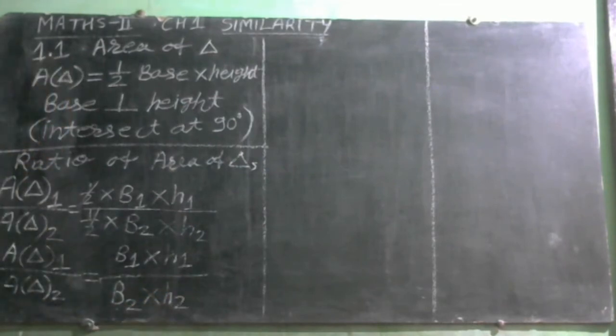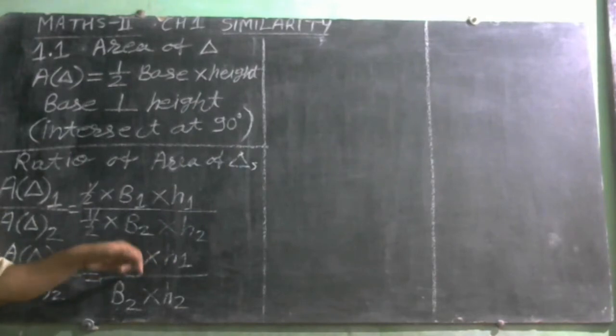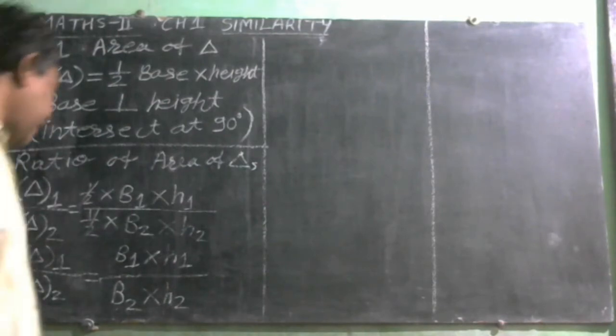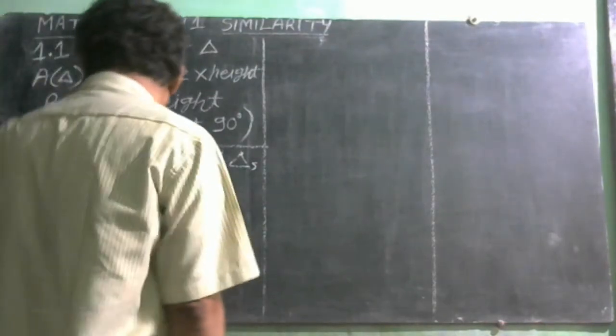That means you can say the ratio of areas of two triangles is proportionate to the product of base and height of two triangles. Okay?